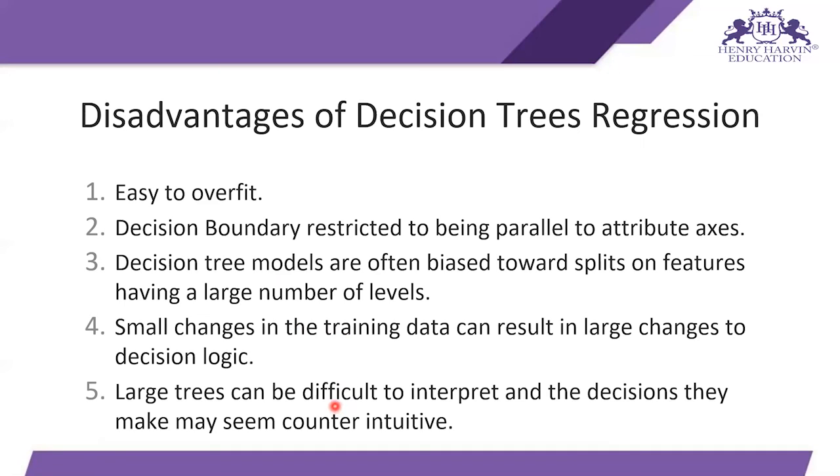Large trees can be difficult to interpret, and the decisions they make may seem counterintuitive. Basically, if you make a decision tree with a large depth, like 50 or 100, then it is difficult to interpret and understand that tree. This is the main disadvantage of the decision tree regression algorithm.